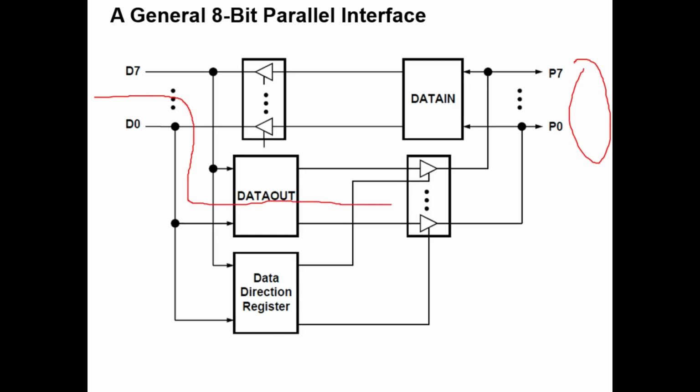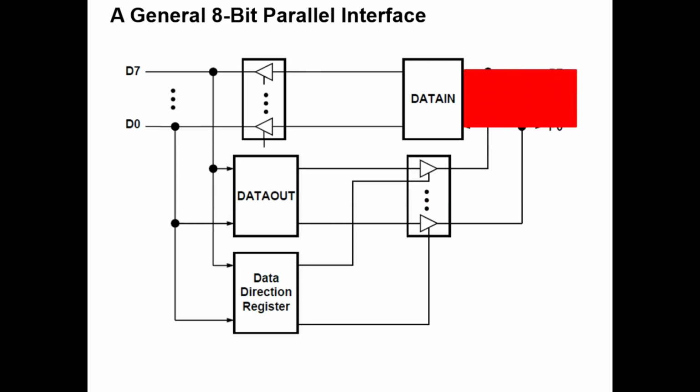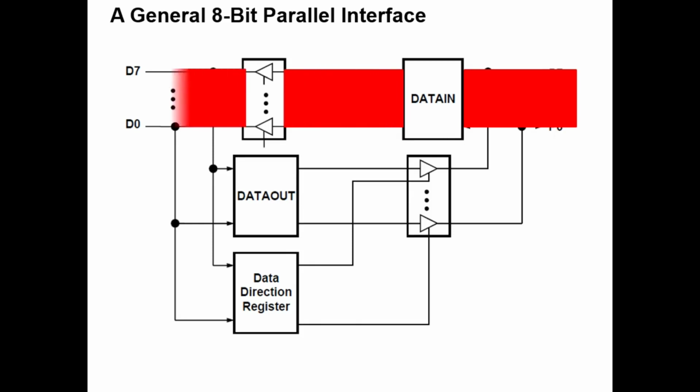From the data out buffer it reaches the tri-state buffer, and using the same P0 to P7 it reaches the output device. So here the same P0 to P7 data lines are used. The input device sends data to the data in. From the data in register or temporary buffer it reaches the tri-state buffer, and then it reaches the processor. This is how it works.